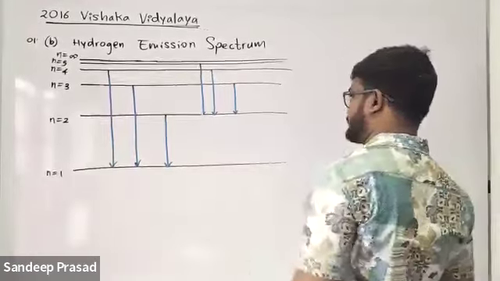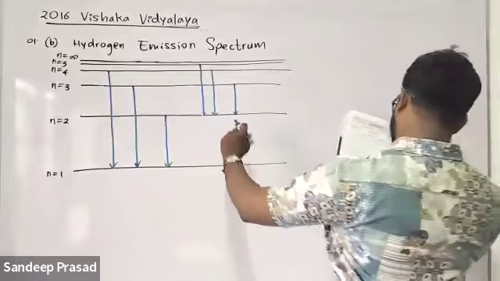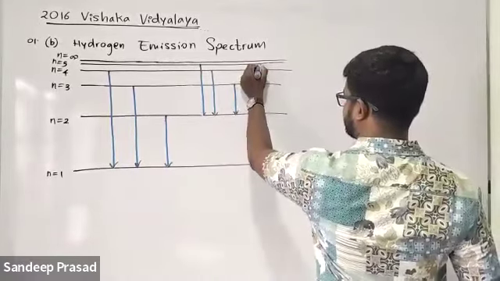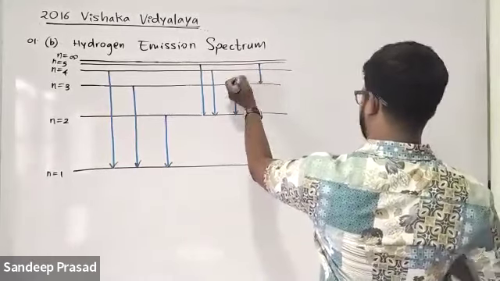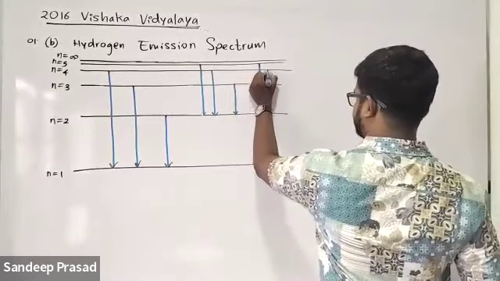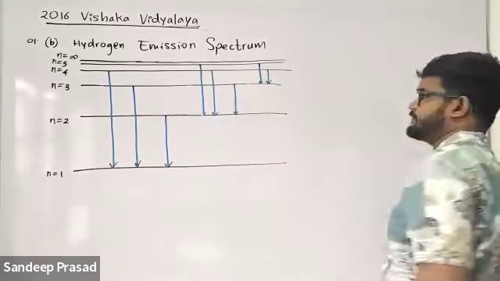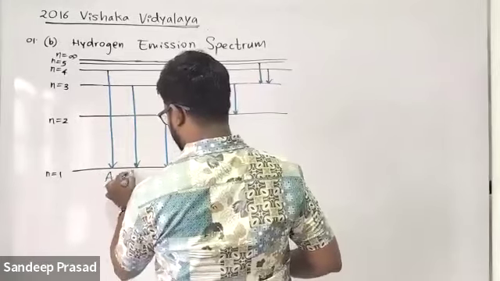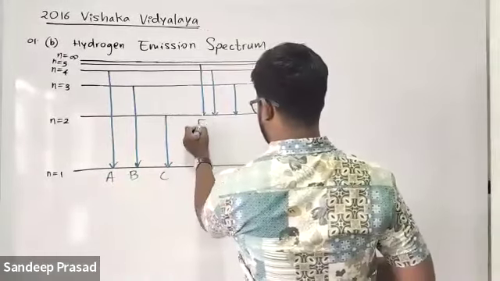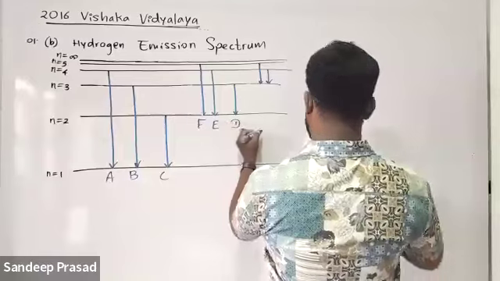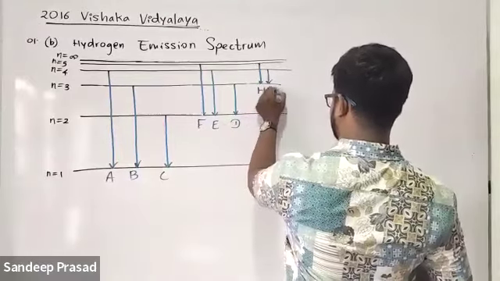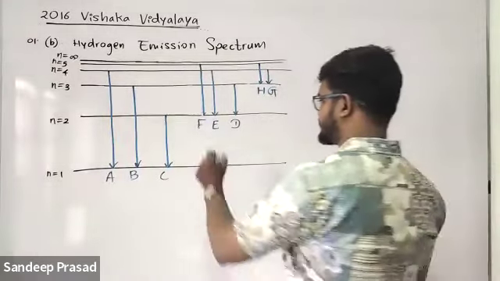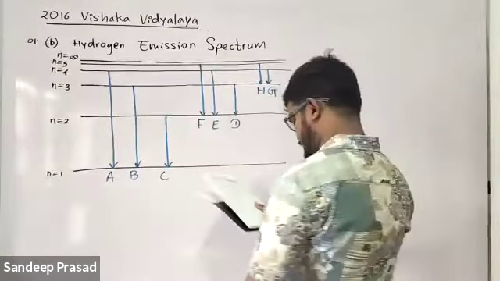And then they have given n equal 5 to 3, and 4 to 3. They have named these electron transitions as A, B, C, and these are F, E, D, and these are H, G. Got it? These are the electron transitions that they have.